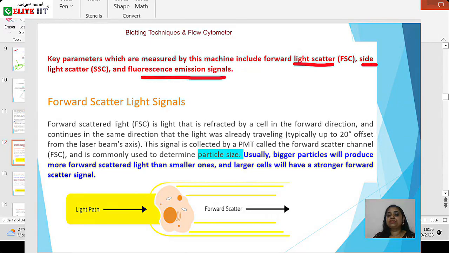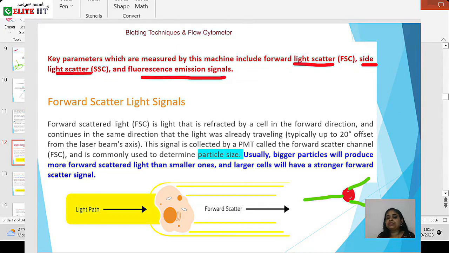Forward scatter depends upon size, so you get different scattering light. If the particle is of this size and the laser beam is coming, after scattering you get this type of forward scattering.